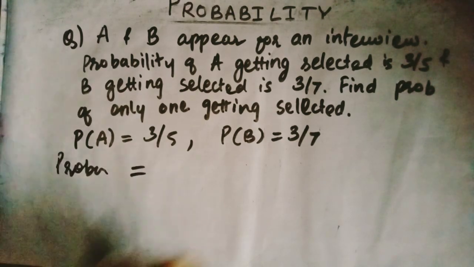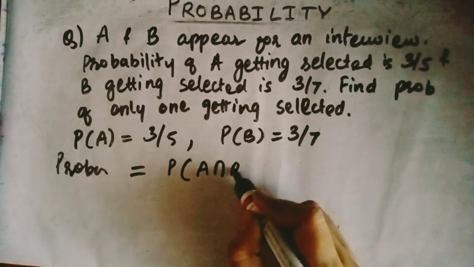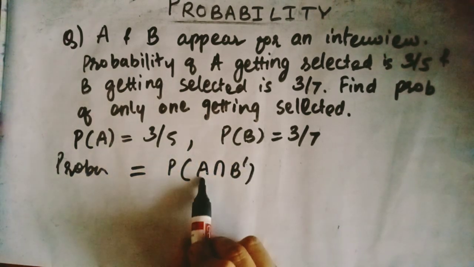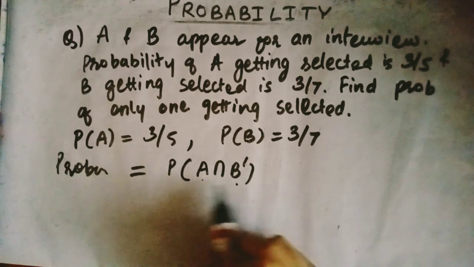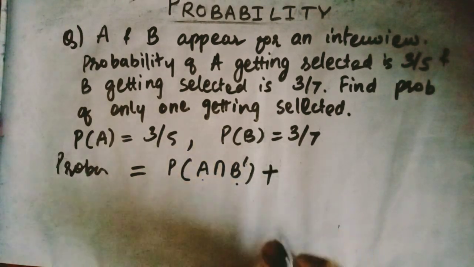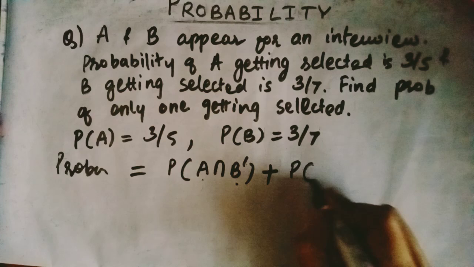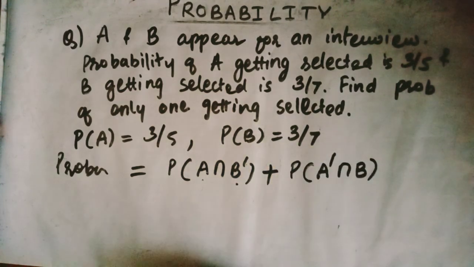So your required probability will be P of A intersection B complement, that is A is getting selected and B is not getting selected, so only one person is getting selected, plus there is another possibility, that is A is not getting selected and B is getting selected.